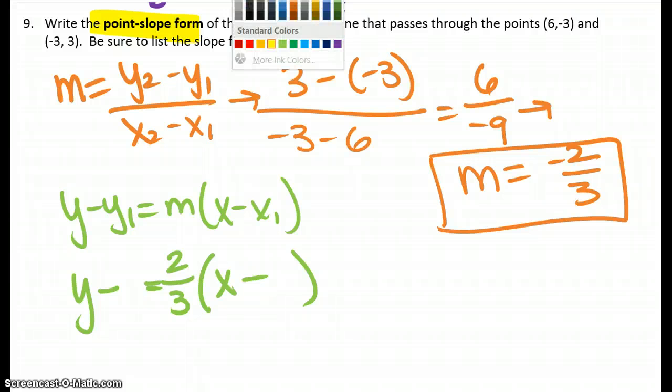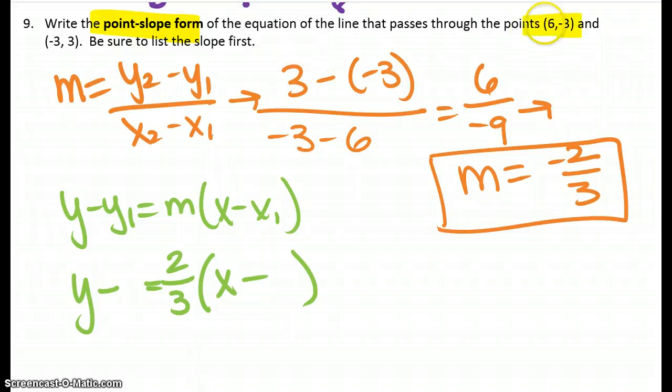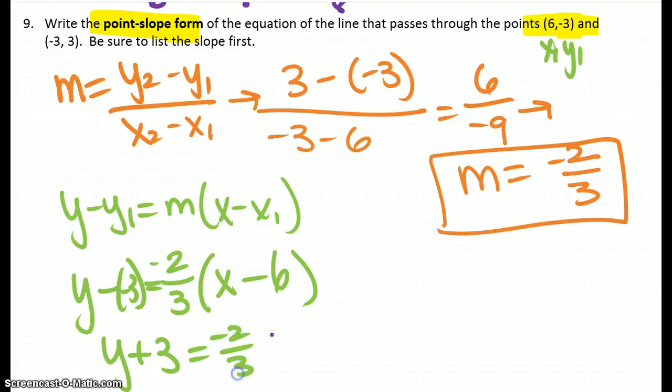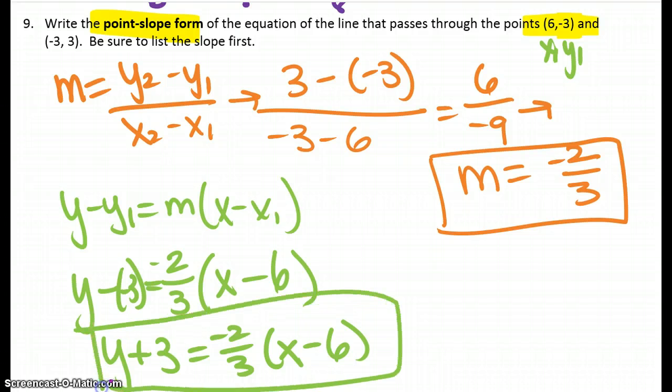So I'm going to pick just 6, -3. So this is x1 and y1. So y minus a -3 and x minus 6. But be careful, I need to simplify this over here to y plus 3 equals, oh, this is a -2/3 x. Good catch. -2/3 times x minus 6.